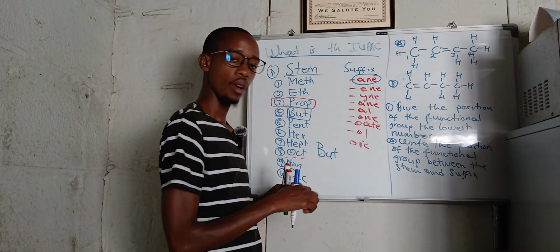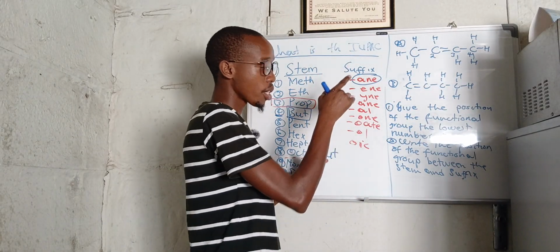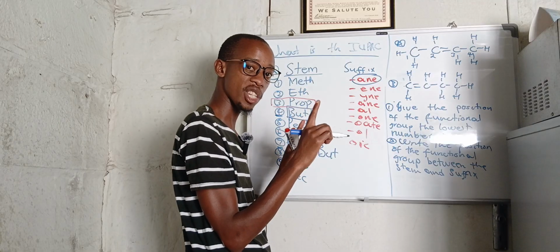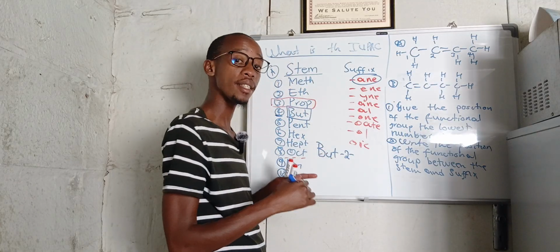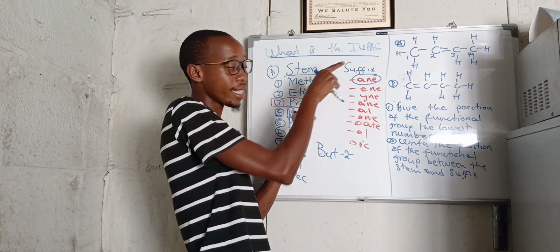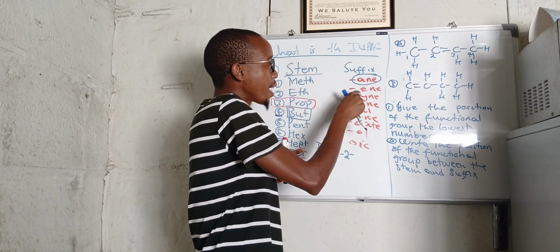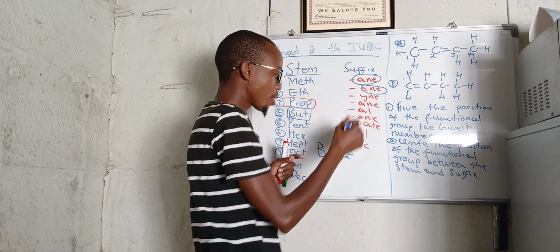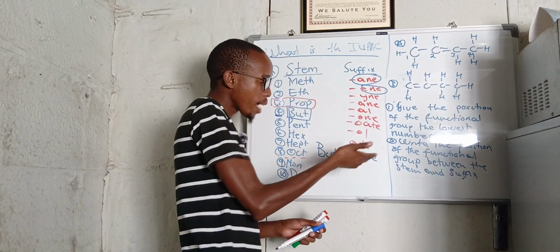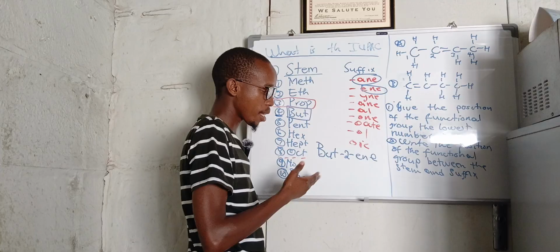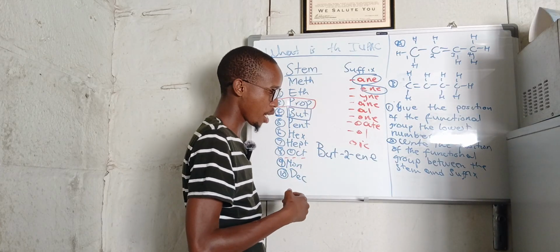Cool. So now, how are we going to do this? What is the position? We said we're going to choose between 2 and 3. We check the lowest one, which is going to be 2. And then what is the suffix? We checked it is a double bond, so it has an ending of ene. Now let's analyze this name. Say that you are asked to analyze this name.